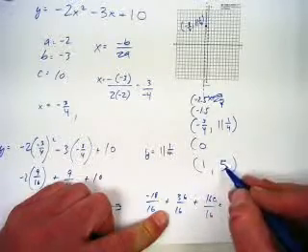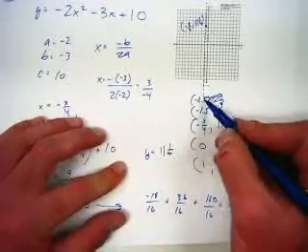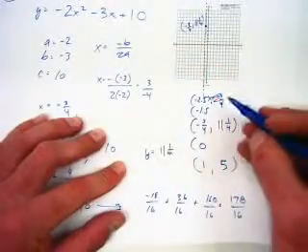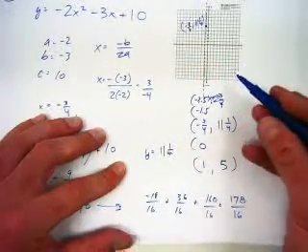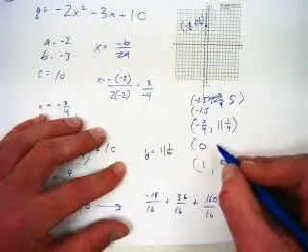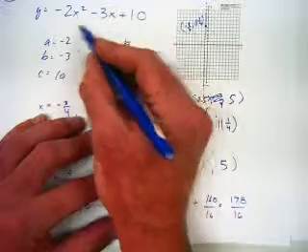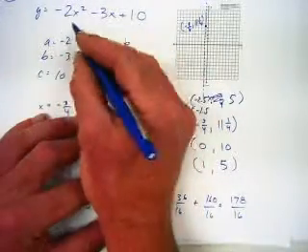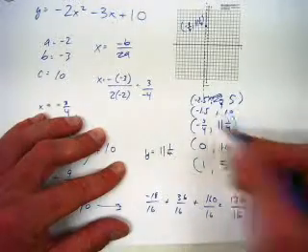So this is going to be 1 comma 5. I bet this one's going to be 5 too. Plug it in and see. If you plug in negative 2.5, believe it or not, it's going to be 5 as well. For this one, if I plug in 0 for all these, it's just going to be 10 here. If I plug in negative 1.5, I'm going to get the same thing. It's going to equal 10.